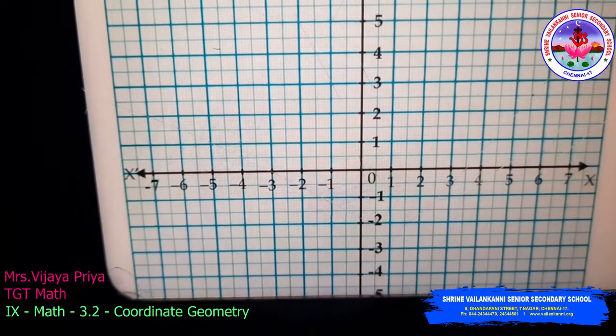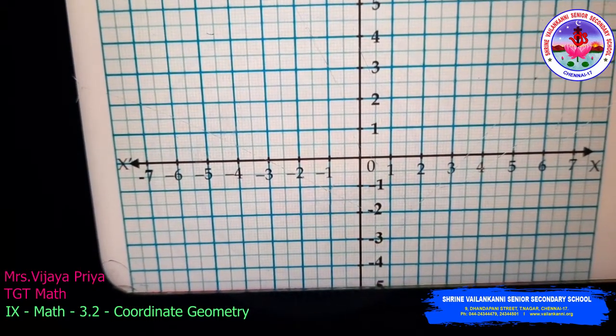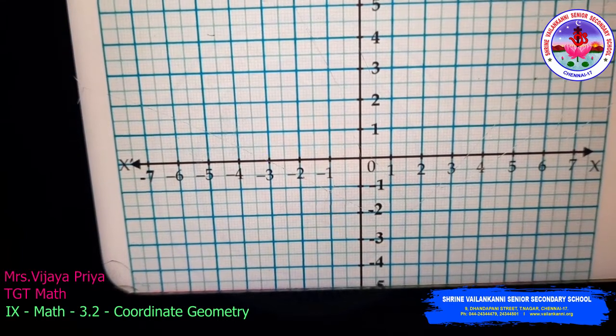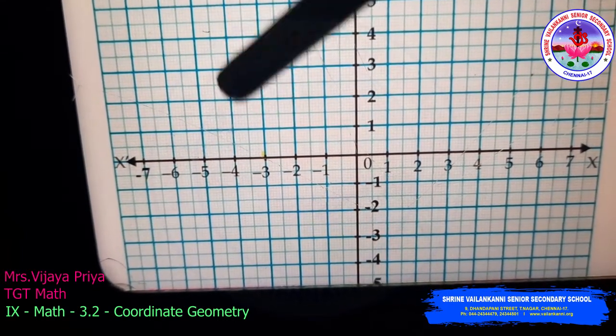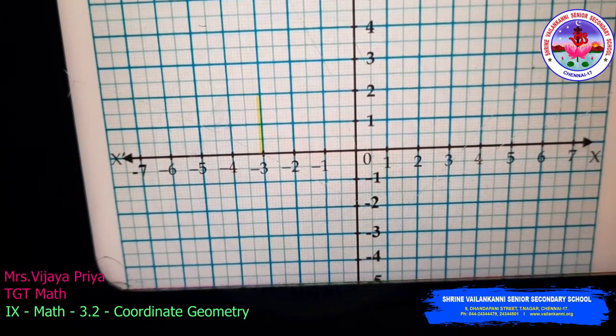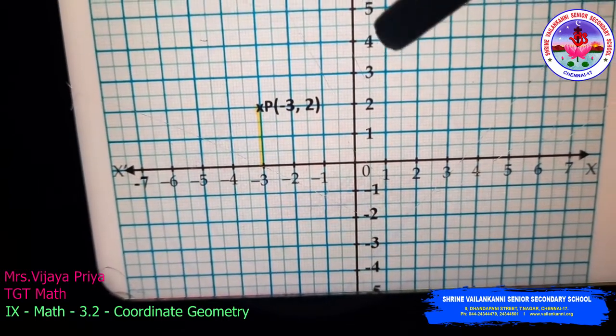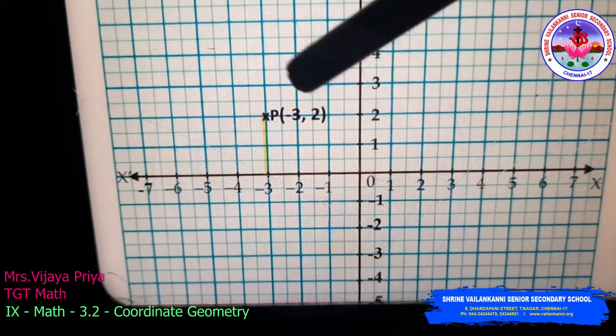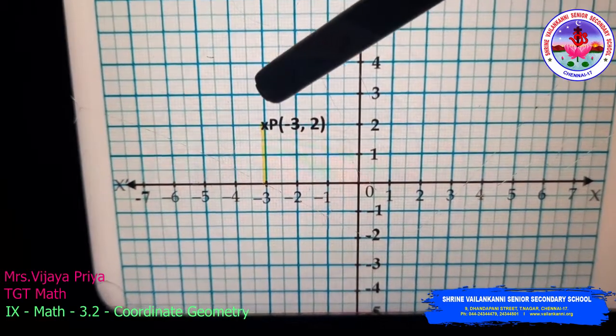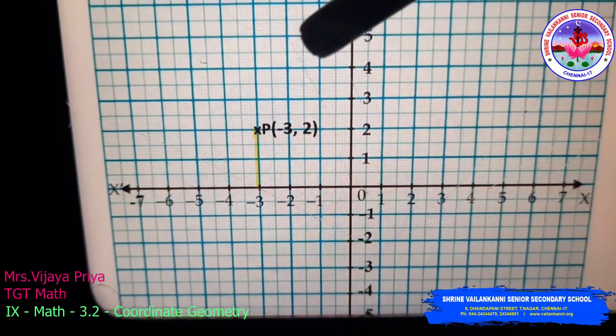Now we are going to plot the points in the graph. So the first coordinate is point P (-3, 2), where my x value is -3, y value is 2. So I am plotting the point here as (-3, 2).